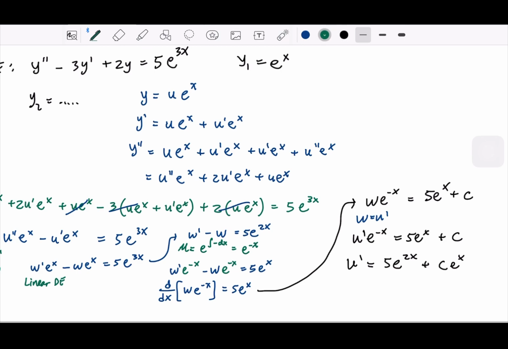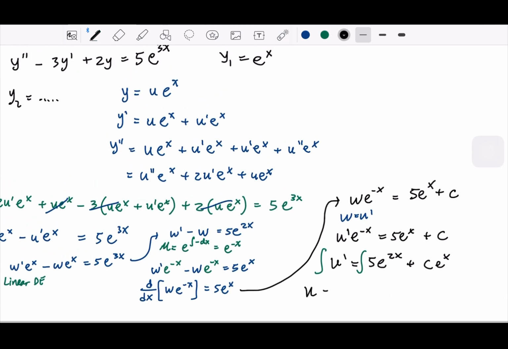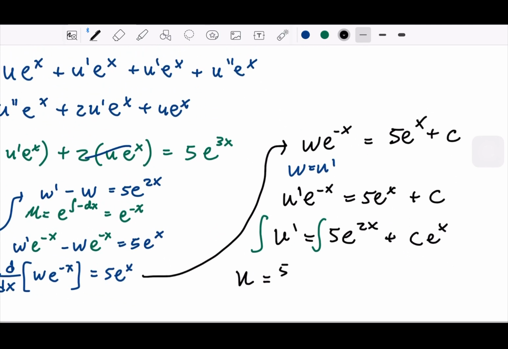And then we integrate, so u prime becomes u, equal to 5/2 e^(2x) plus c1 e^x plus c2. Or maybe write c1 here to make it have two constants.